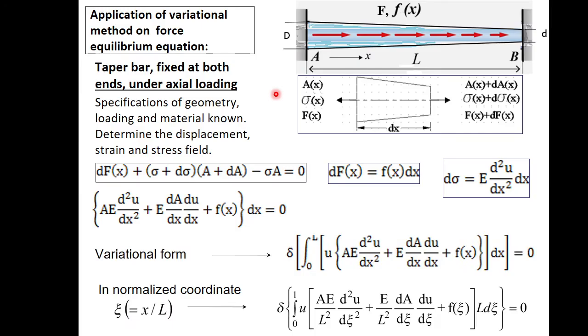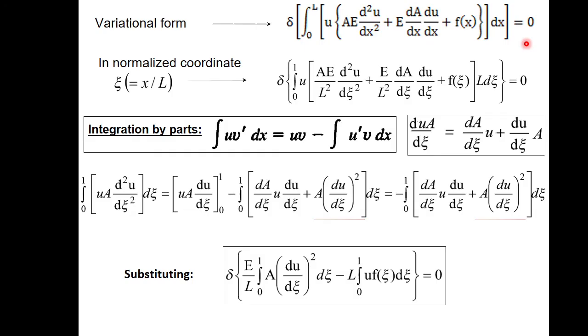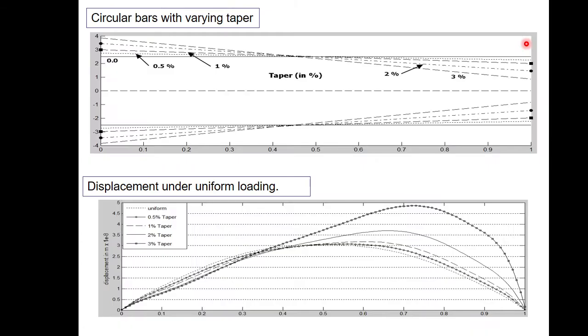That means this was our problem. We can control the input values d and d. If they are the same, we define it by another ratio, which is called the aspect ratio. The taper can be given in percentage: 1%, 2%, 3%, 0% means it is uniform.